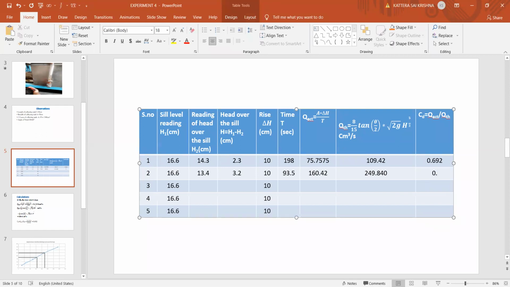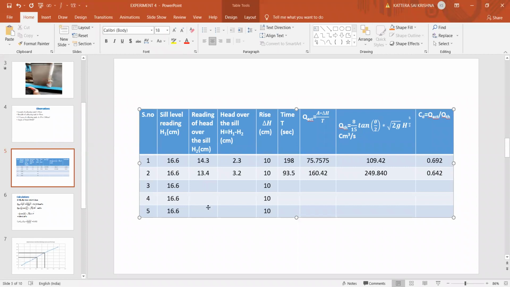What are you doing? 160.42 divided by 249.84. Check it correctly, you are doing it wrong again. We won't get 0.30. 0.6420. Okay, right, thank you, Akash. So this completes our second reading.